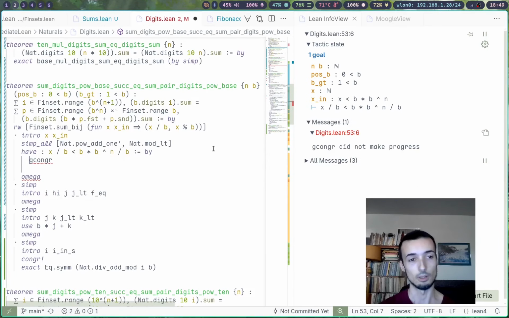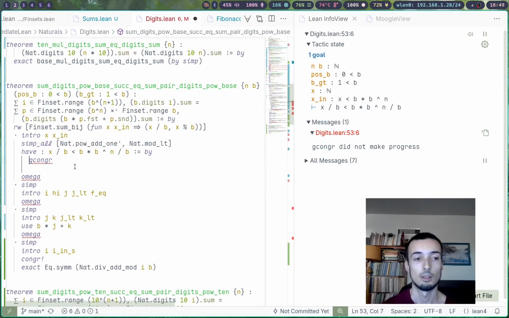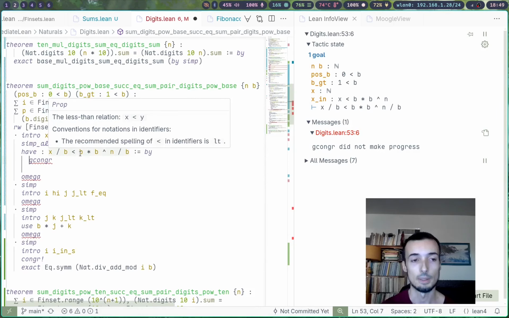This does not work because you have to be a little bit careful when you divide both sides of an inequality. You're allowed to divide both sides of a less than or equal, an inequality that could be equal, but you're not necessarily allowed to do it for a strict inequality.